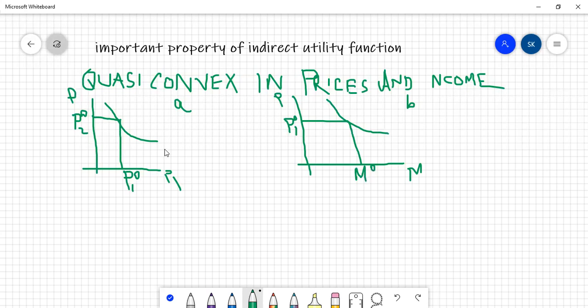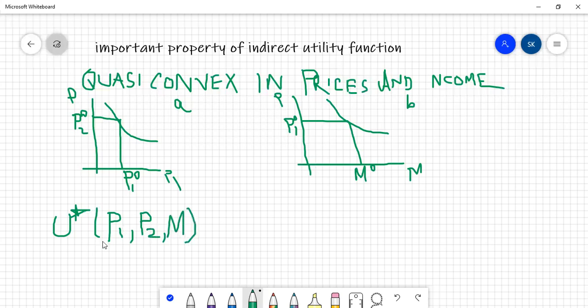Suppose we have two goods, and the indirect utility function is, now we know how to write it, U star of P1, P2, and M.